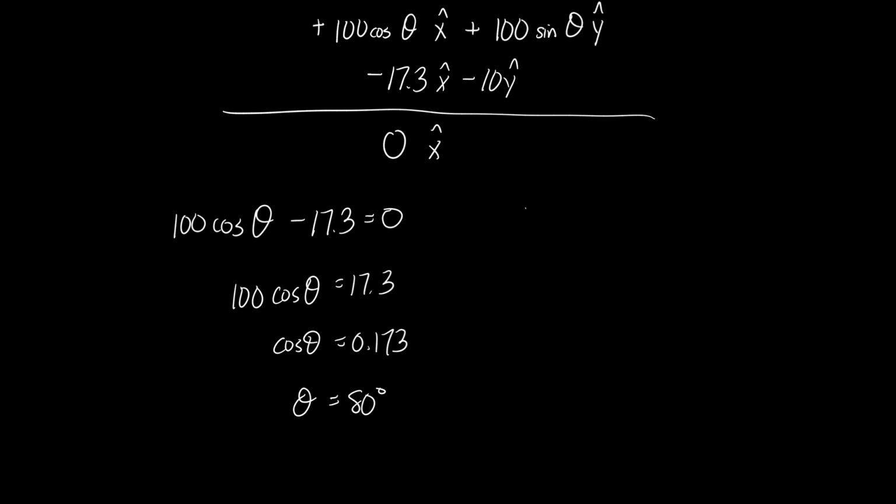Now, I'm still going to have 100 sine 80 degrees minus 10 as my component in the y direction. Just to prove that it all works out, when I hit sine times 100 minus 10, I still get 88 meters per second in the y direction. Okay?